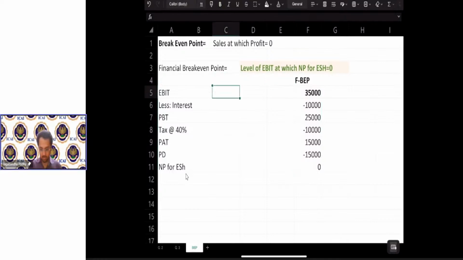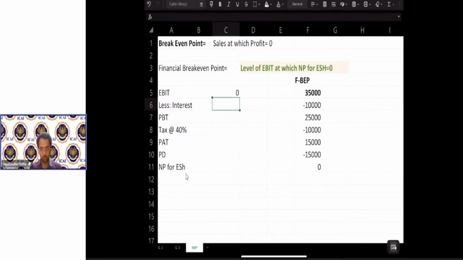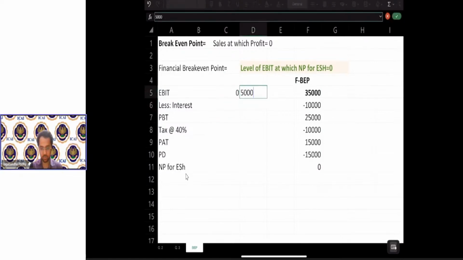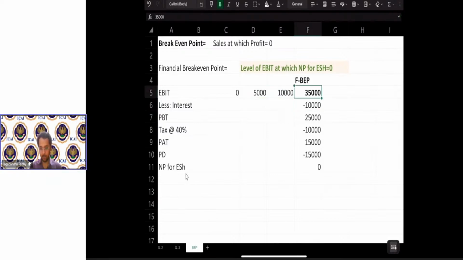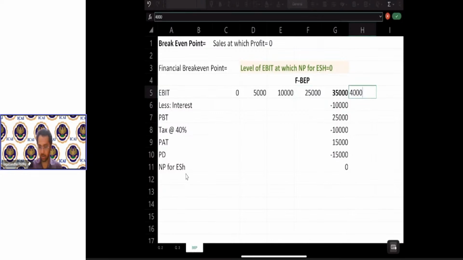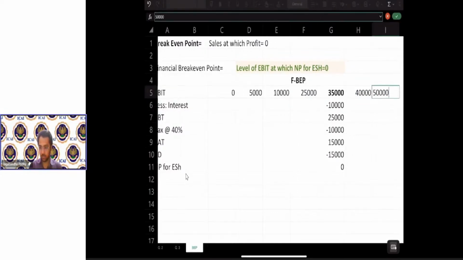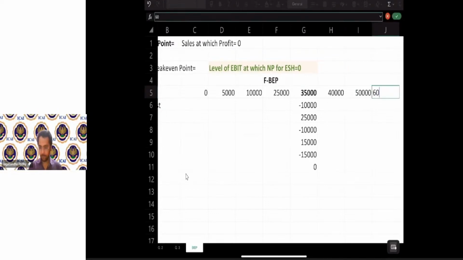At some other level of EBIT, let's say if your EBIT is zero, or 5,000, or 10,000, or let's say 25,000. At 35,000, and then EBIT going to 40, 50, and 60,000.